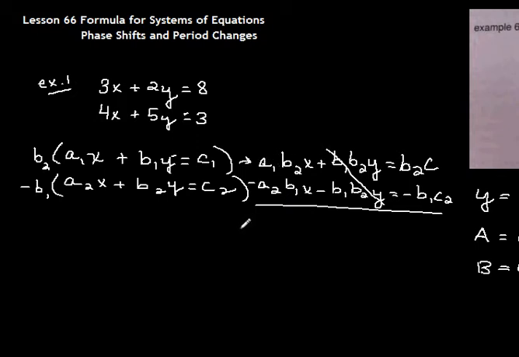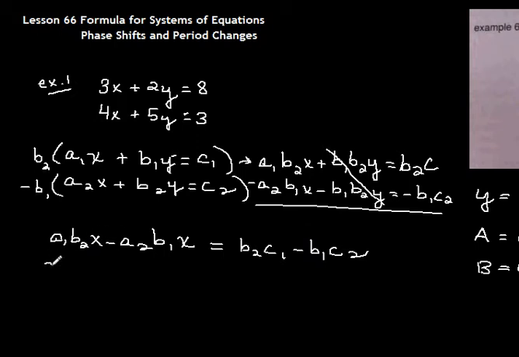We have to say, if we add these together, it's going to be a sub 1, b sub 2, x, minus a sub 2, b sub 1, x. So I added these together. They're not like terms, so I can't combine them. And then on the right side, we just get b sub 2, c sub 1, minus b sub 1, c sub 2. And then our whole goal here is to solve for x.